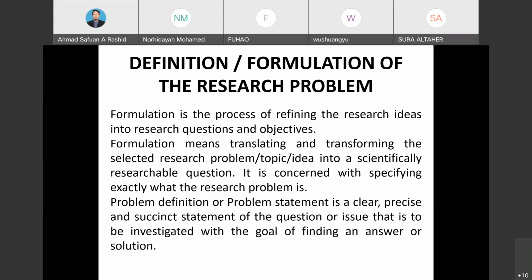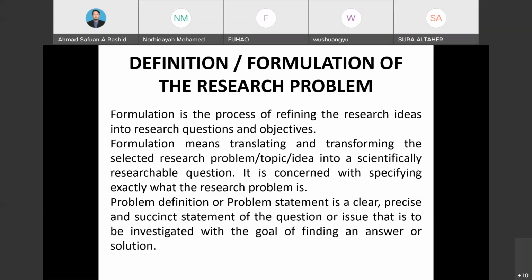Formulation is the process of refining the research idea into research question and objective. Formulation means translating and transforming the selected research problem idea into a scientifically researchable question. It is concerned with specifying exactly what the research problem is.